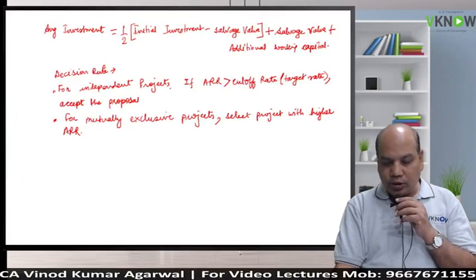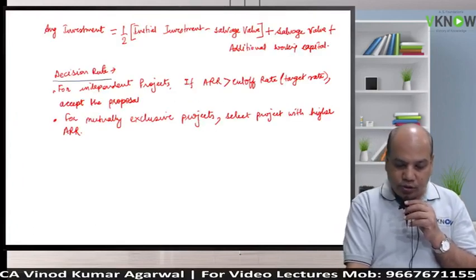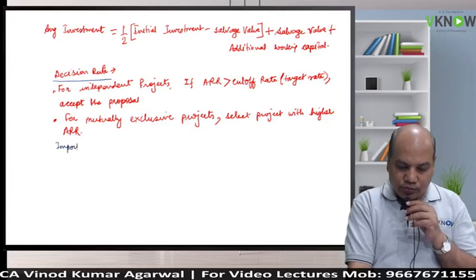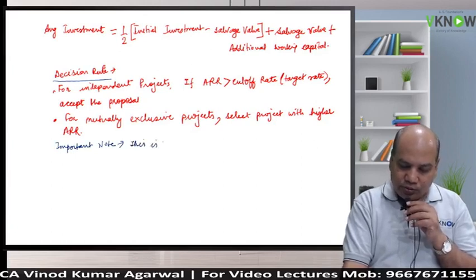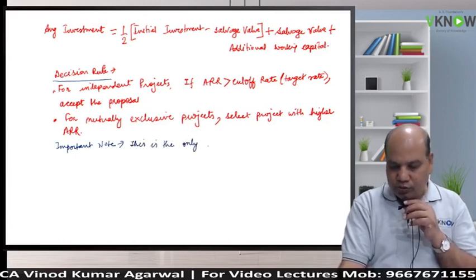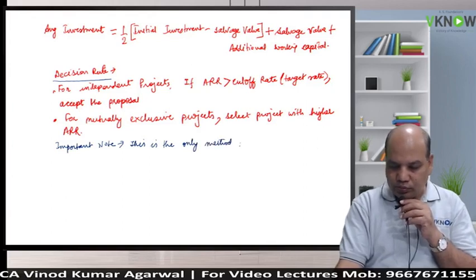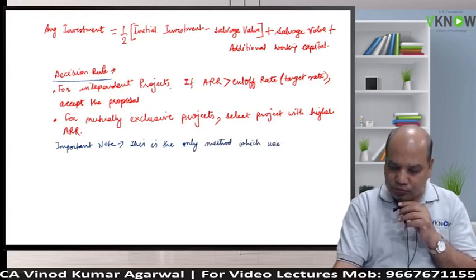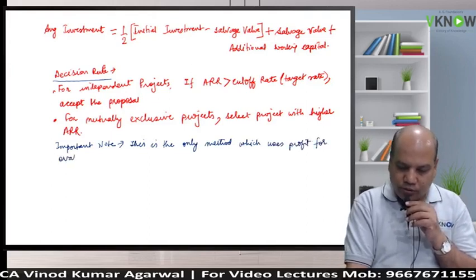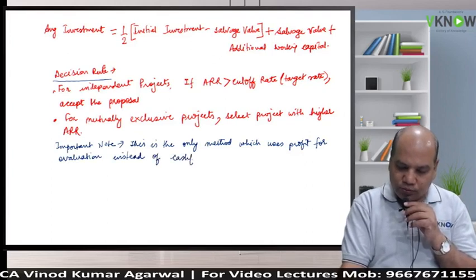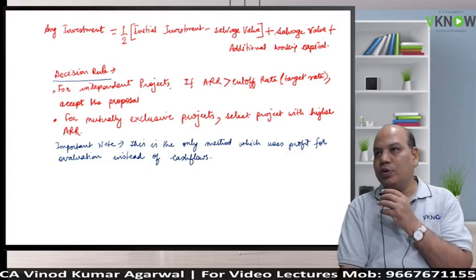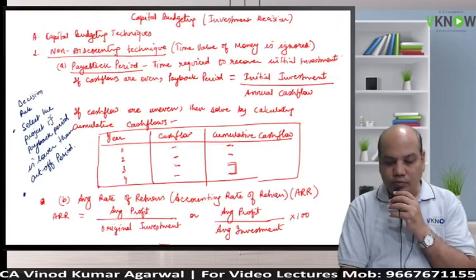In accounting rate of return, you have written decision rule. Write one important note. This is the only method which uses profit for evaluation instead of cash flows.